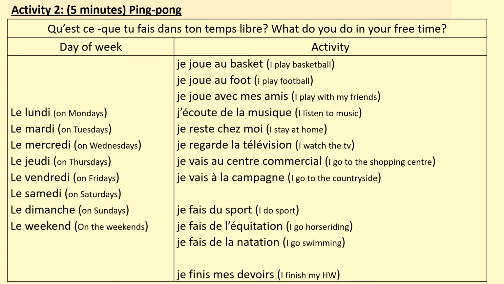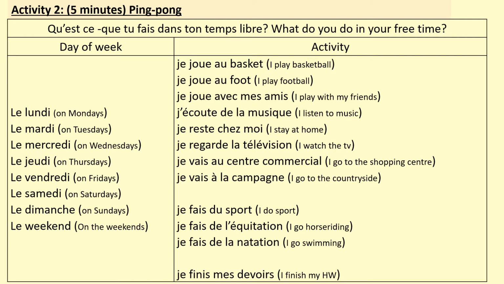Okay, year 7. So we're now going to have a go at ping pong, whereby we say the sentences aloud in French, but we alternate words. So, for example, if we were looking at the question, I would say que, you would say ce, I would say que, etc. And we would continue until the end of the sentence. Then obviously you start with the days of the week, starting with le lundi, and starting with the first activity, je joue au basket.